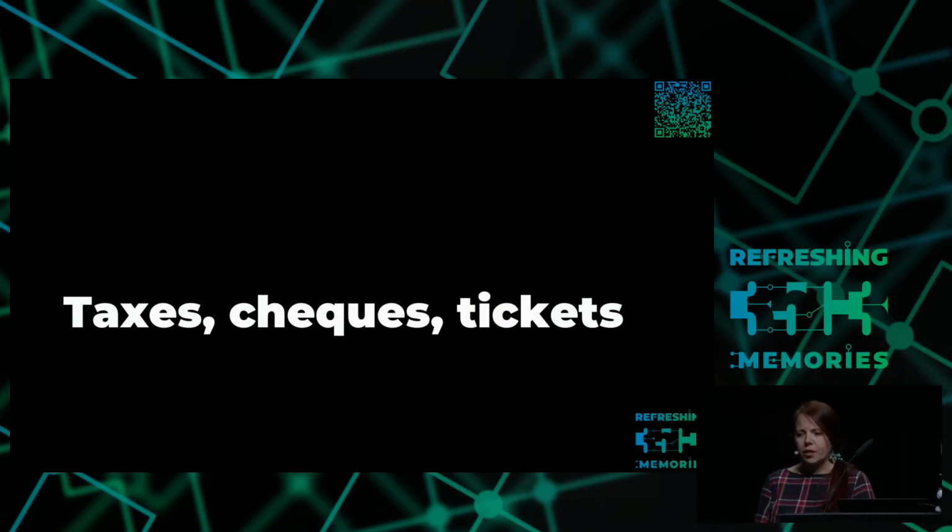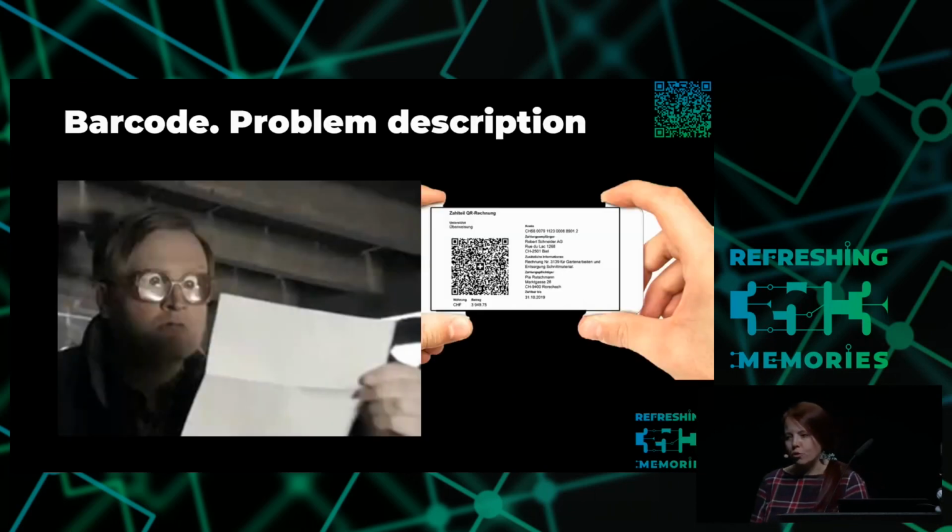It is pretty upsetting when you should pay taxes or buy tickets and pay some money again, and that feeling that you should input tons of numbers and letters to pay something in an ATM.